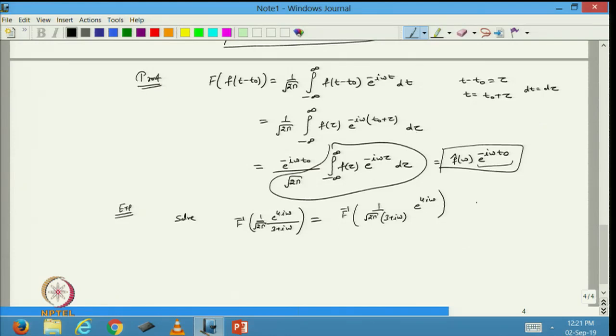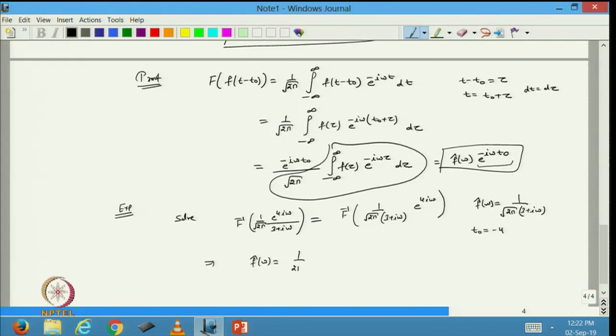From here I can say that my f hat omega is this 1 over (3 plus i omega), and t naught will be minus 4.